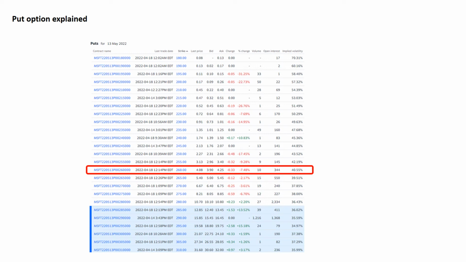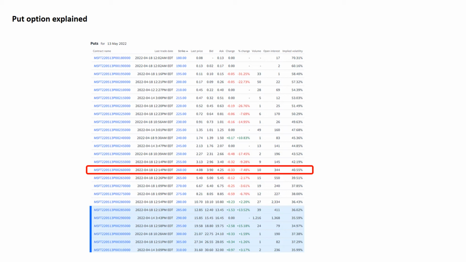13th of May 2022. For agreeing to buy Microsoft at $260 on the 13th of May, you will receive a premium of $3.90 per share of Microsoft. So what could happen? There are two possibilities. On the 13th of May, it may be that the price of Microsoft is above $260 per share.